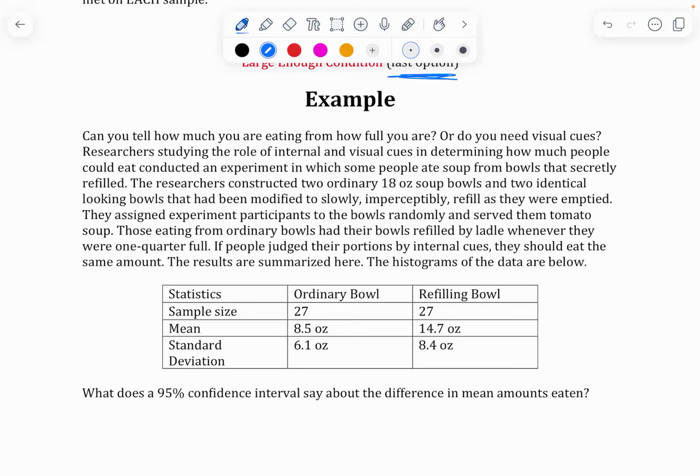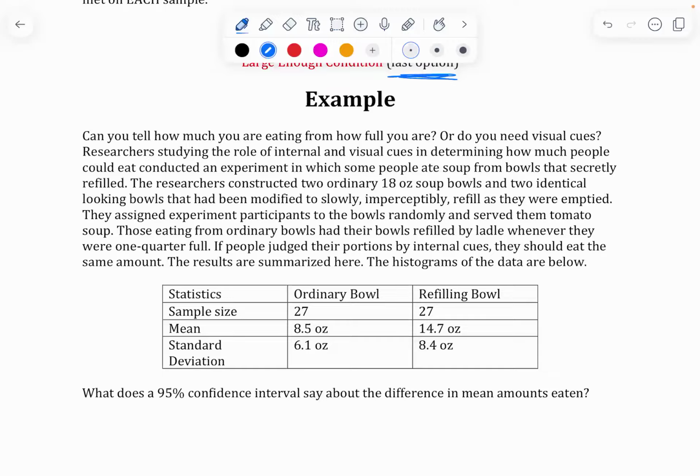Researchers had two ordinary bowls and two identical bowls that were modified to slowly, imperceptibly refill as they were emptied. With the ordinary bowls, as soon as they got down to a quarter full, someone would come by with a ladle and refill them.